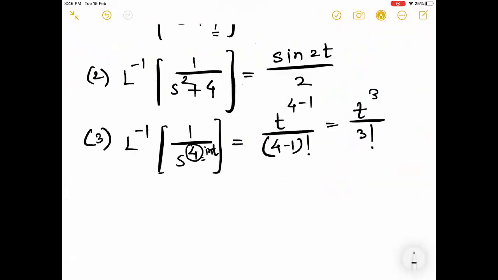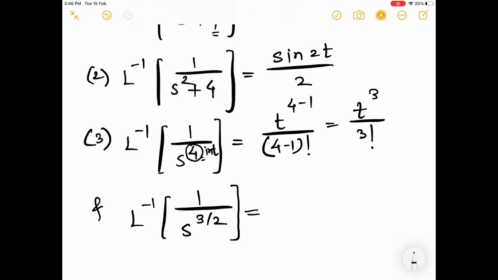Got it? Suppose this inverse is asked: 1 upon s raised to 3 by 2. Now this is not an integer, so we have to use the gamma function. That means t raised to 3 by 2 minus 1 upon gamma 3 by 2.